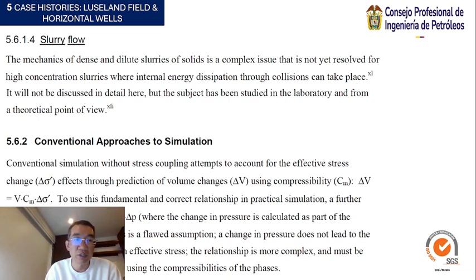It will not be discussed in detail here, but the subject has been studied in the laboratory and from a theoretical point of view.